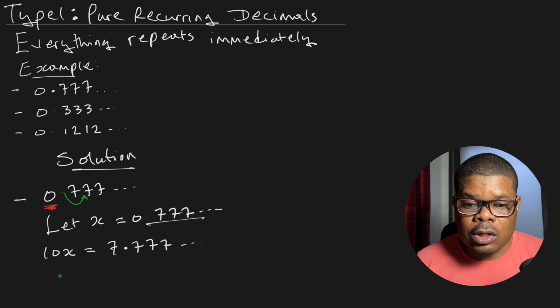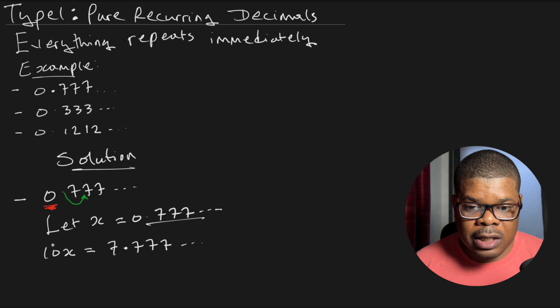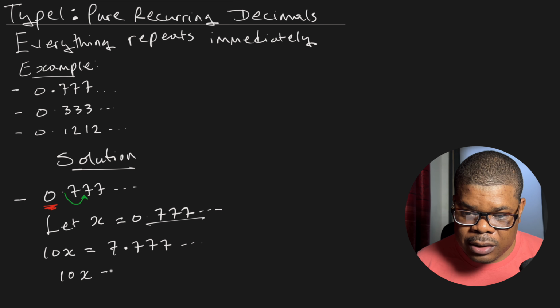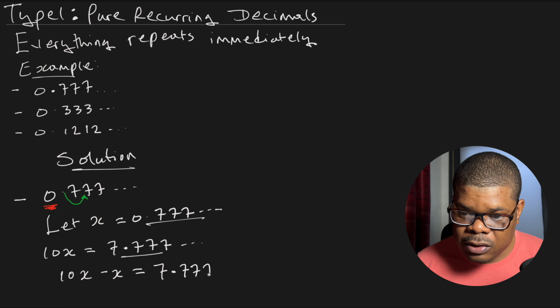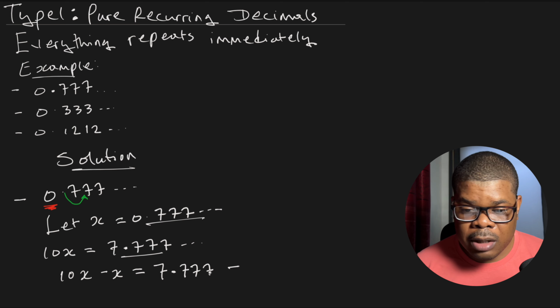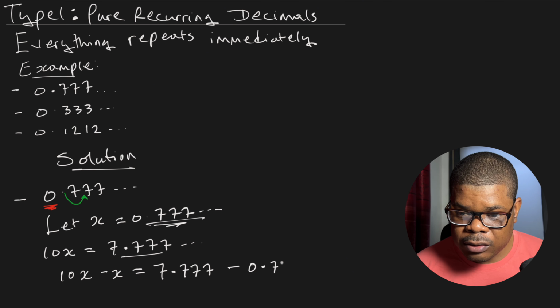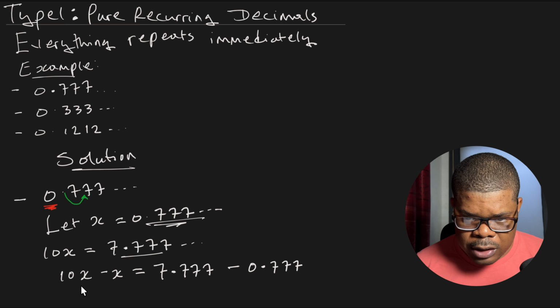Now the next thing we want to do is to subtract x from 10x. So that is 10x minus x. We know that 10x is 7.777... and so on, minus x itself, which is 0.777... Now 10x minus x gives me 9x.